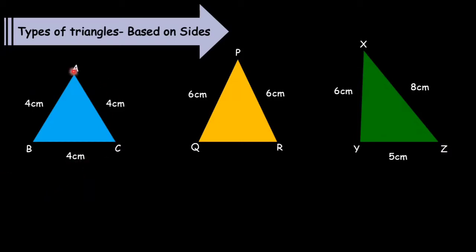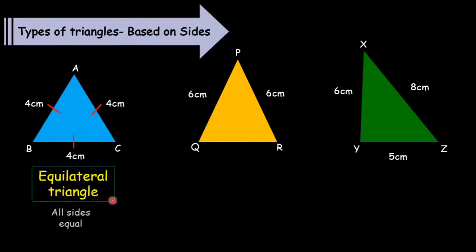Here in the first triangle, we can see all three sides have the same measure, that is 4 centimeters. You can see here there is 4, here there is 4, and here also there is 4 centimeters. So we can say that all these three sides are equal. A triangle with all three sides equal is called an equilateral triangle.